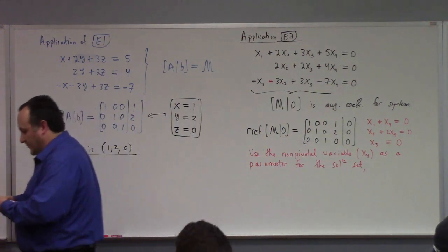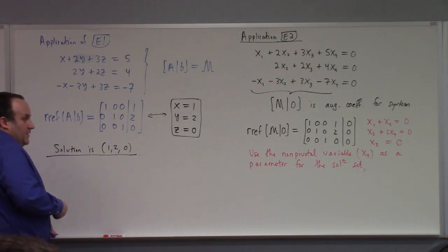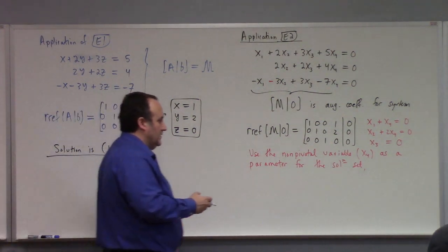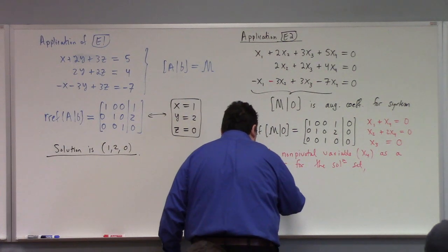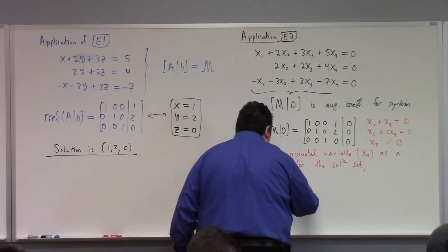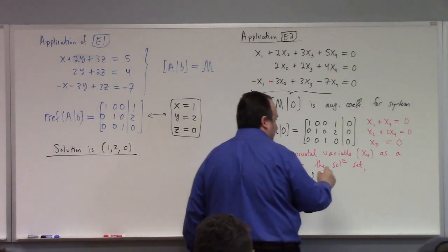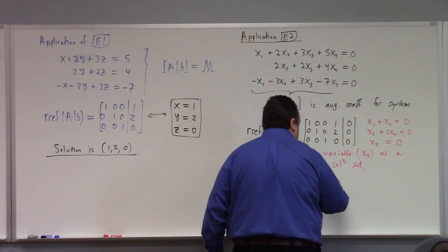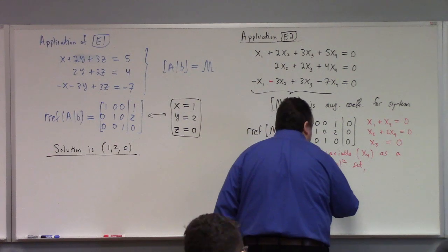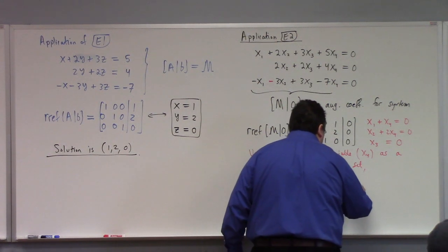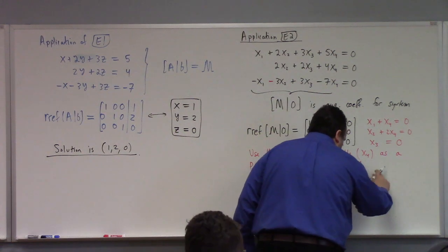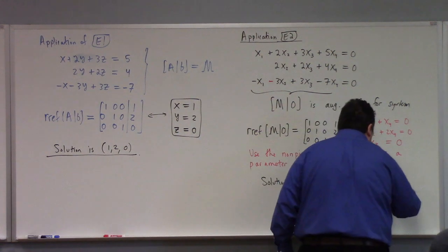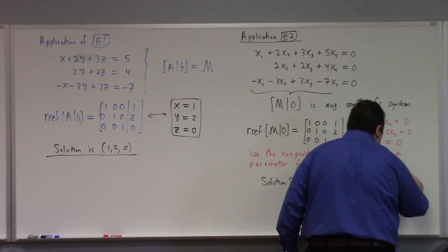So here, our solution set is minus x4, minus 2x4, 0, and x4, such that x4 is a real number.